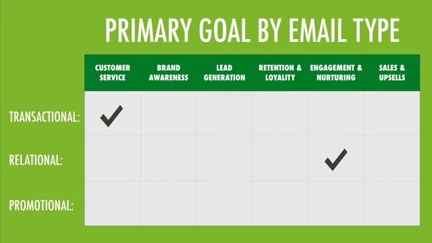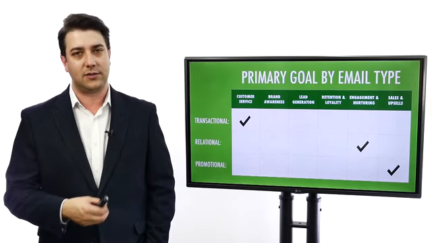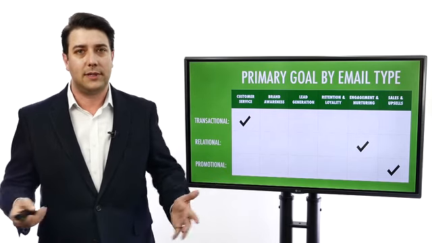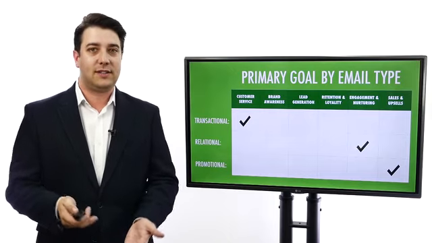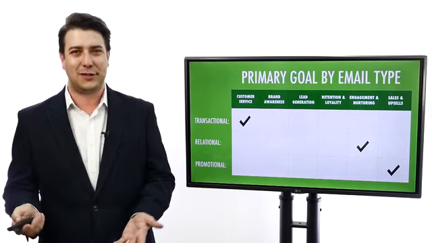Now, relational emails, their primary goal is to increase engagement and to nurture your subscriber base. And promotional emails, well, obviously the primary goal of a promotional email is to generate sales, upsells, or cross-sells. And that's it, right? It's that simple. Well, no, thankfully it's not. This is one case where the complexity is actually a good thing.